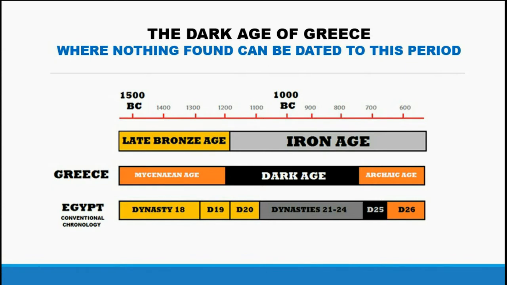In his article Greek Pottery, Dark Ages and Egyptian Chronology, Alan Montgomery writes the following about this Dark Age gap in Greek archaeology. He writes, Furumark, a Greek archaeologist, pointed out that when Petrie applied his dates to Mycenaean pottery, it created a huge 500-year archaeological gap.